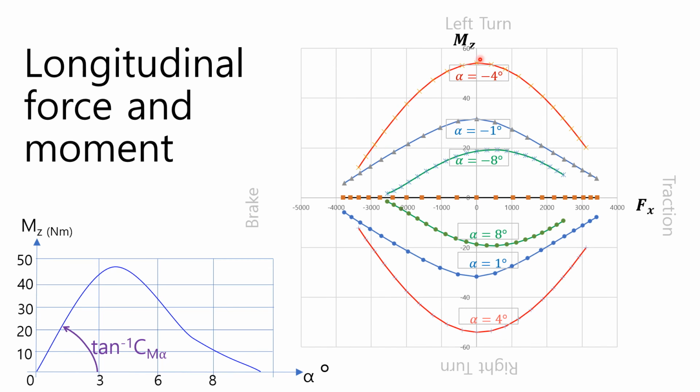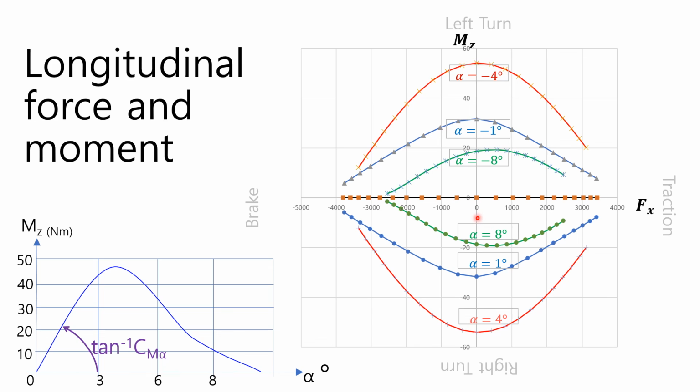Let's draw the side slip constant diagram on the longitudinal force and the moment axis. For combined slip, if you draw the side slip constant diagram on the horizontal axis of longitudinal force Fx and the vertical axis of self-aligning moment Mz, you can get the graph here.